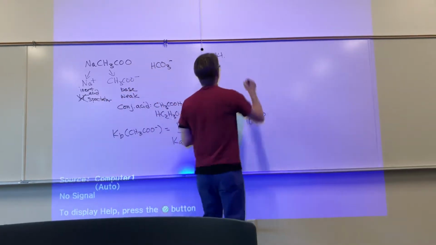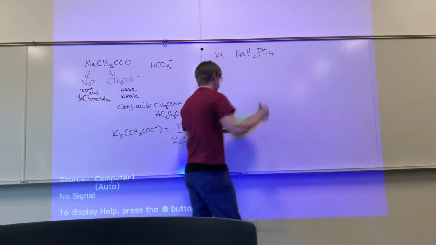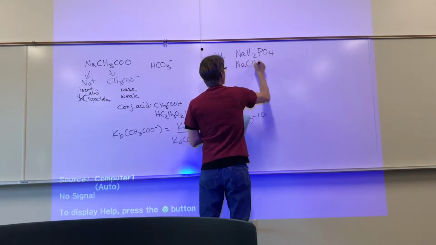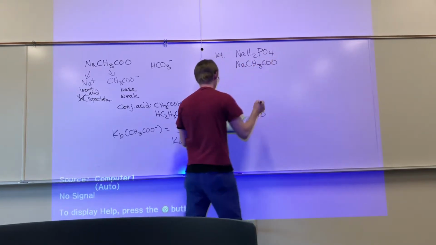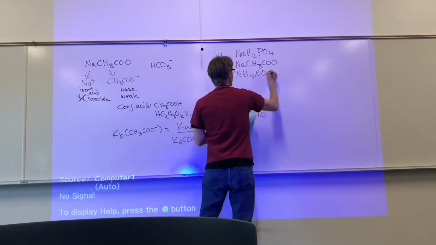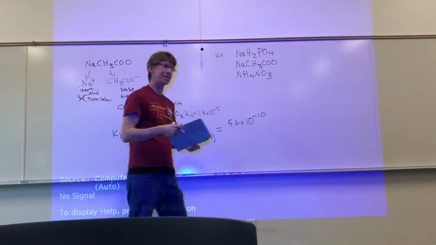We have sodium dihydrogen phosphate. We have sodium acetate. Ammonium nitrate. Hydrogen bromide, where it then says HCl.